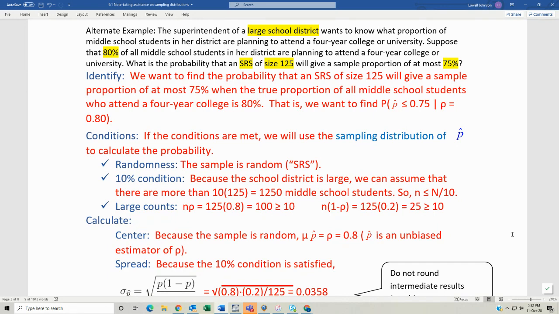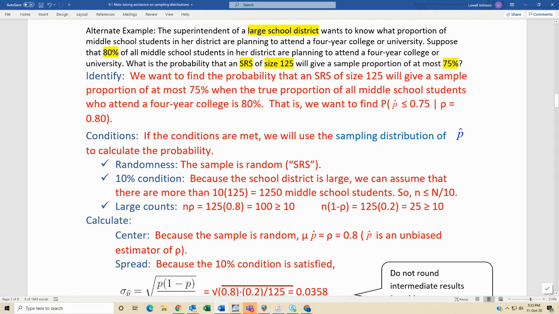Identify. Here's how you're going to approach the identify part. Write out your problem in the form of a statement. What do you want to find? We want to find the probability that a simple random sample of 125 will give us a sample proportion of at most 75% when the true proportion is 80%. In symbols, I can write it like this.